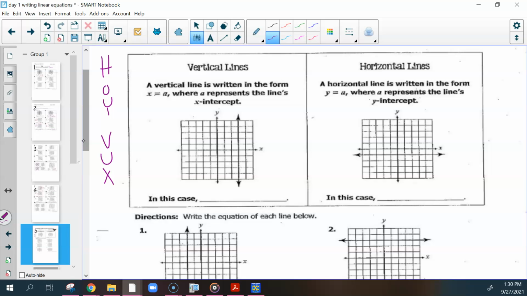If we have a vertical line, it's going to be x equals; look where that line crosses the x-axis, and that would be your equation. That's for these types only.